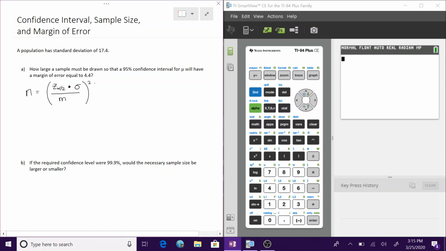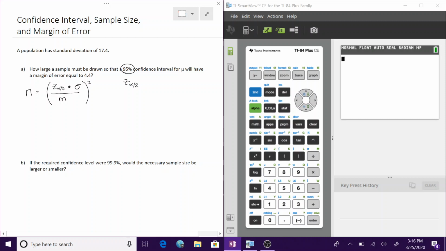So one of the very first things that we need to find is our critical value, or our z alpha over 2 value. From a previous example video or from class, you should know that to find z alpha over 2, we need to look at our confidence interval of 95%.